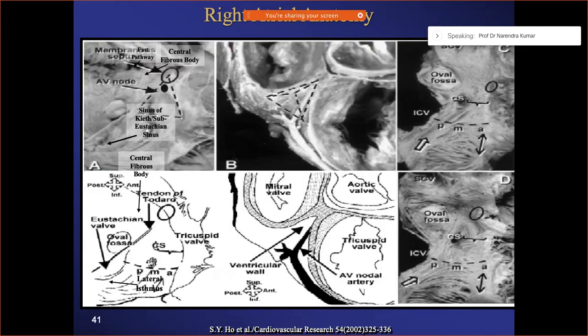On the posterior side there is a zone which is more fibrous, and the middle zone is more trabeculated with extensions of the pectinate muscle. Finally comes the anterior zone, which we have written over here, anterior, middle, and posterior zone.